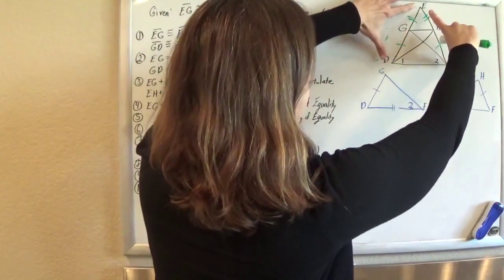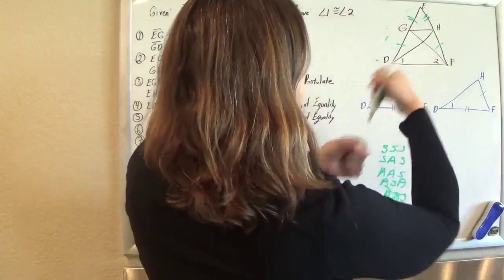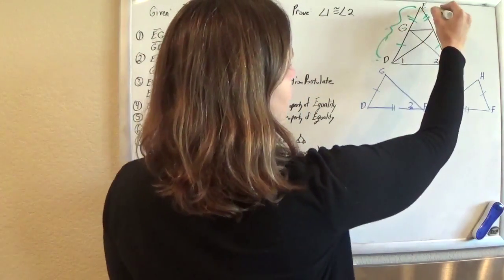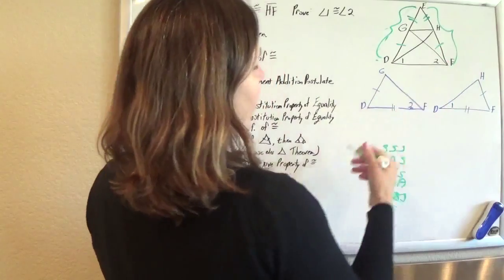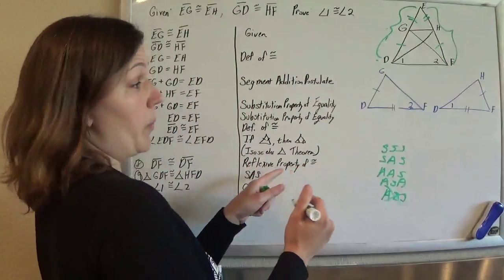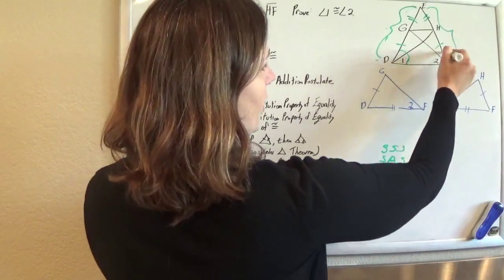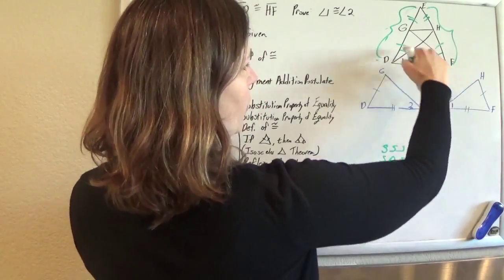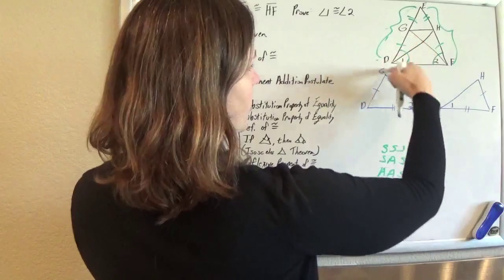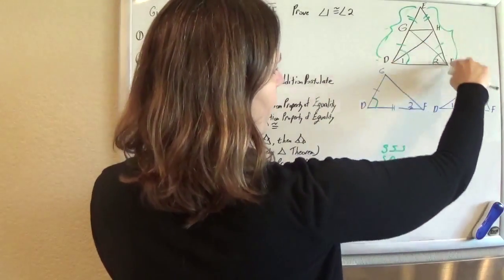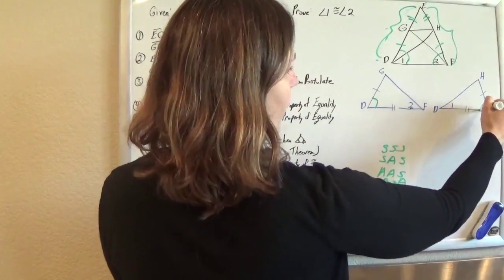And once I prove that this is congruent to that, I have the isosceles triangle theorem that says if the sides are congruent, then these angles are congruent. So those big angles will be congruent, and that is GDF there and HFD there.